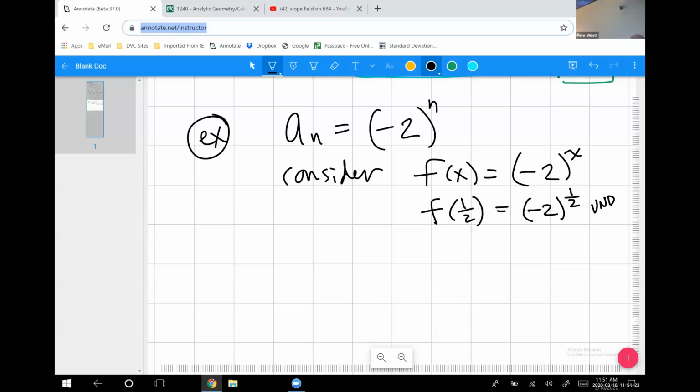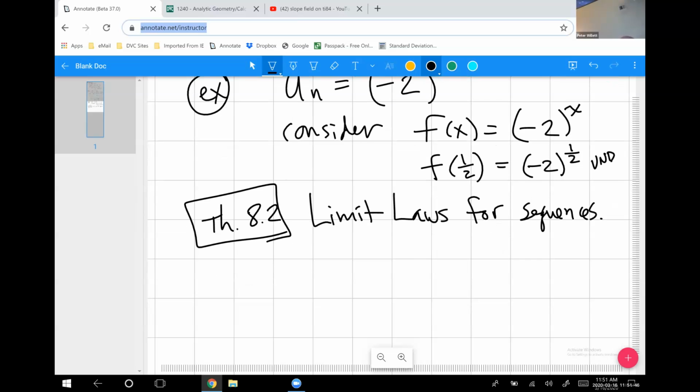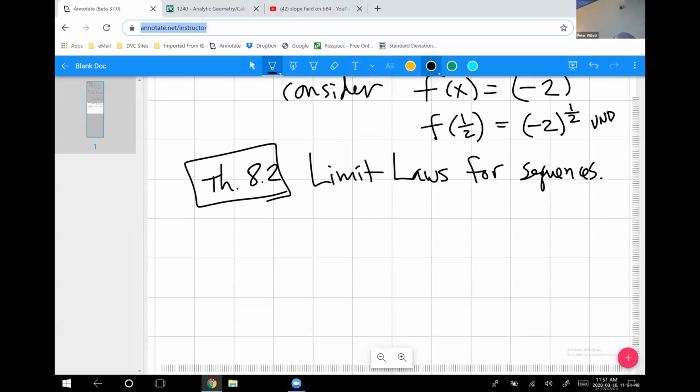All right, so let's consider theorem 8.2, still on the same page. They don't even give an example between the two, as I just provided. So now they're talking about the limit laws for sequences. So back in chapter 2, we did these things called limit laws, and they basically allowed us to evaluate limits of more complicated things more easily by using the distributive property and things like that.